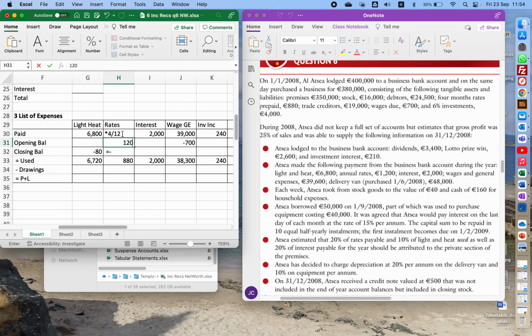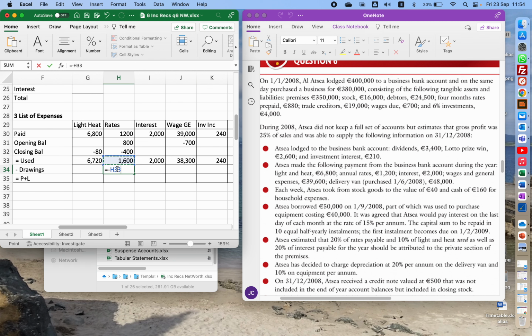Annual rates is 1200, so 4/12 of that is minus 400, so the amount used is 1600. 20% of rates payable is going to be a drawing, so the amount payable, as in the amount we should have paid, is the same as the amount used, which is different from the amount paid.